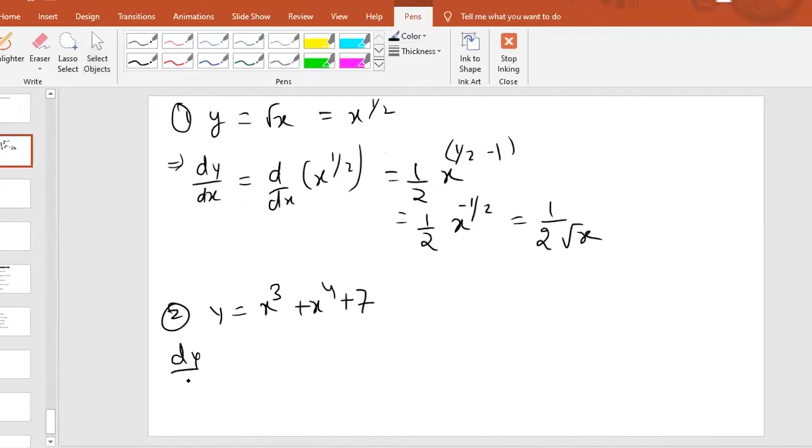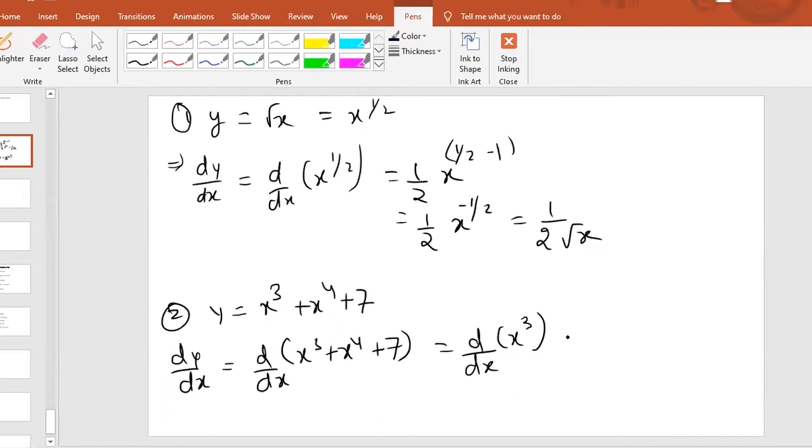Again, dy by dx will be equal to what? D by dx, in the place of y, we replace with the function, x cube plus x power 4 plus 7. Now we differentiate them separately. You can write here as d by dx of x cube, plus d by dx of x power 4, plus d by dx of 7.